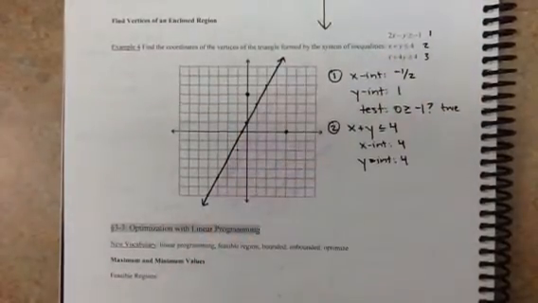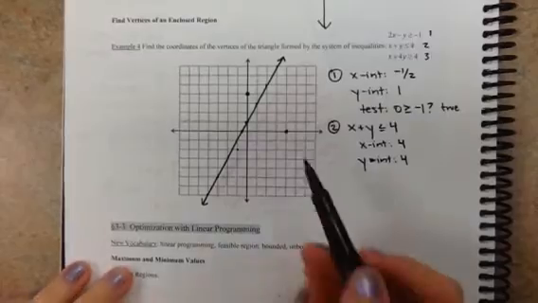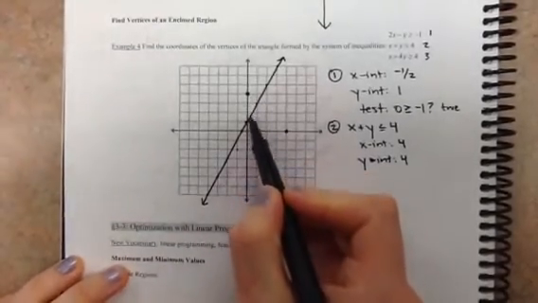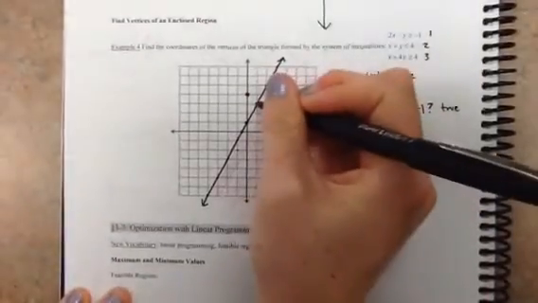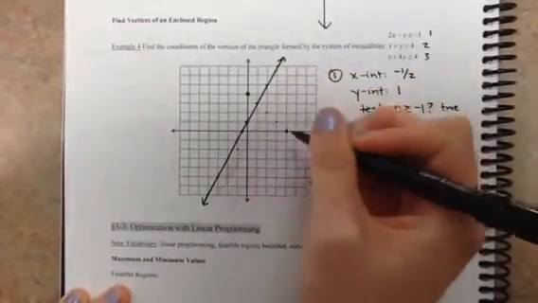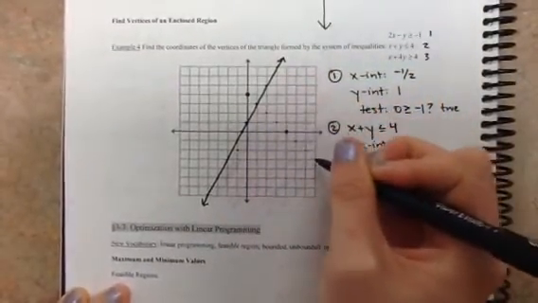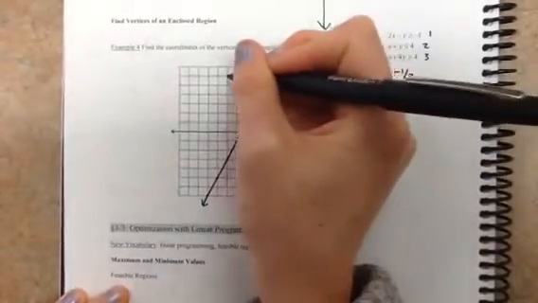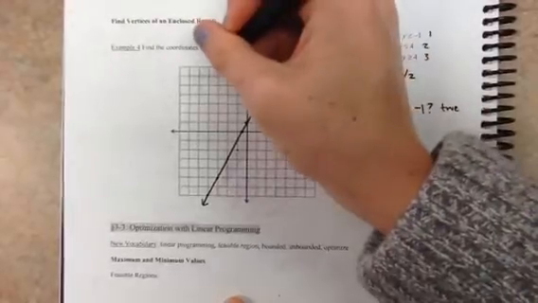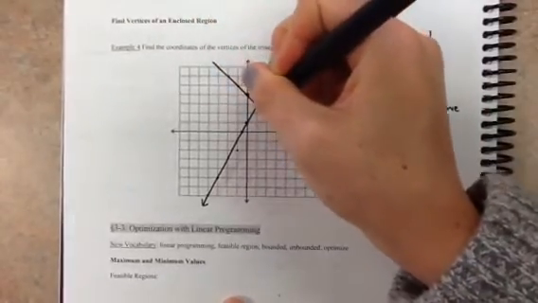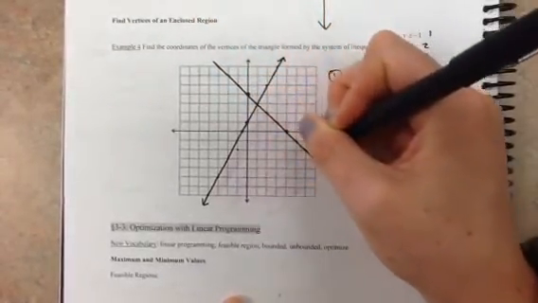This is a less than or equal, so we know it's going to be solid. Going down 4 to the right 4 is the same as going down 1 over 1, so you can mark down 1 over 1 all the way through. Again, it's super important that you're being really accurate, because we need to know exactly where all these lines are intersecting each other. So it's a solid line that goes through each corner right here.